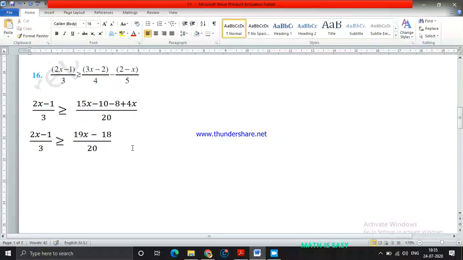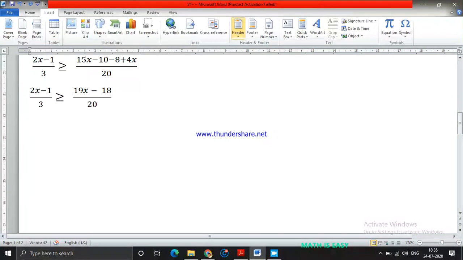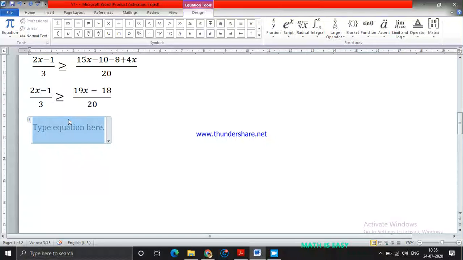So when I simplify, the next step, 20 will go that side and 3 will come this side. So you will get 2 into 20, 40x, minus 20 into 1 is 20, is greater than or equal to 3 times 19, 57x, minus 3 times 18, 54.